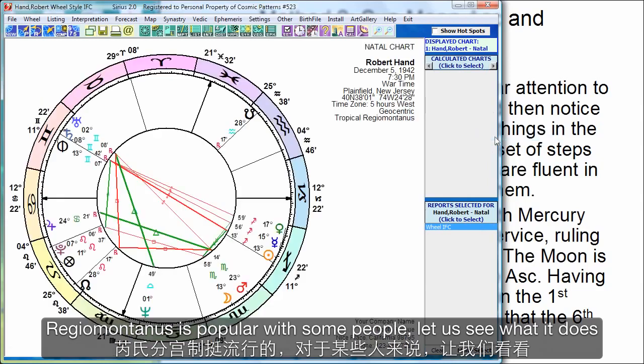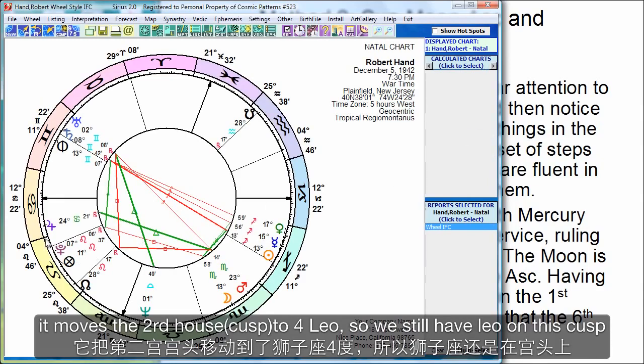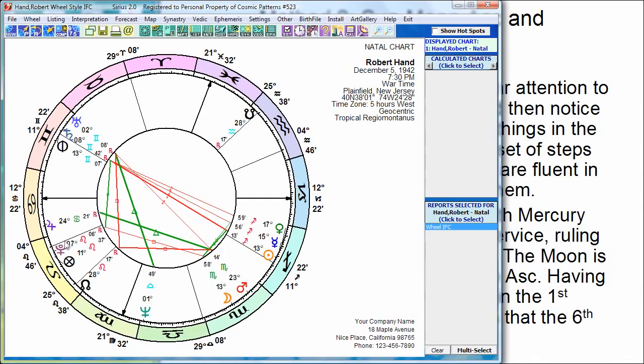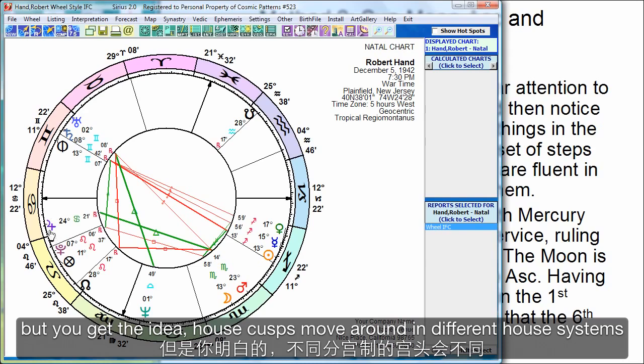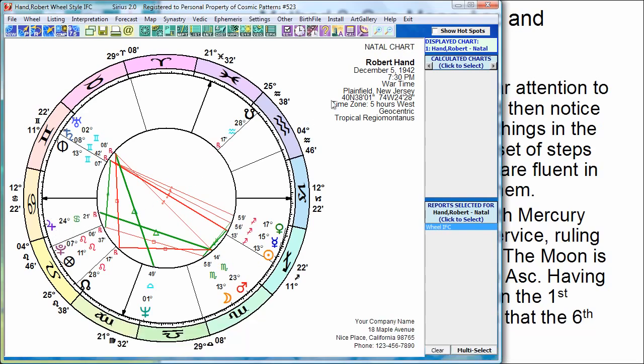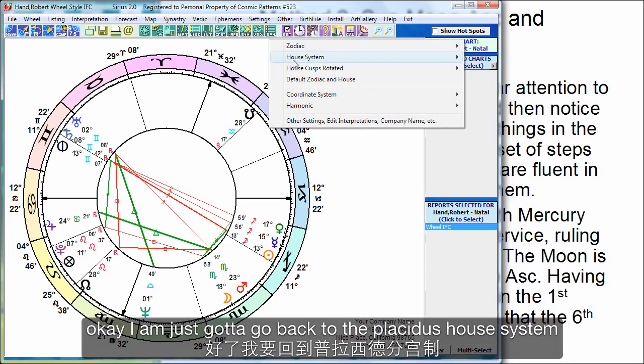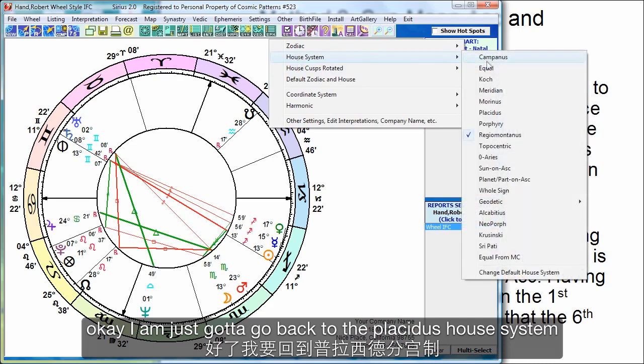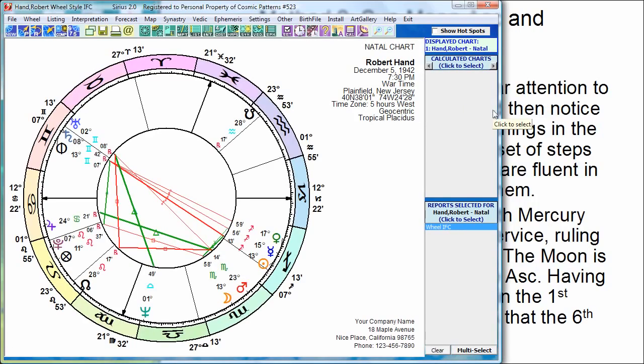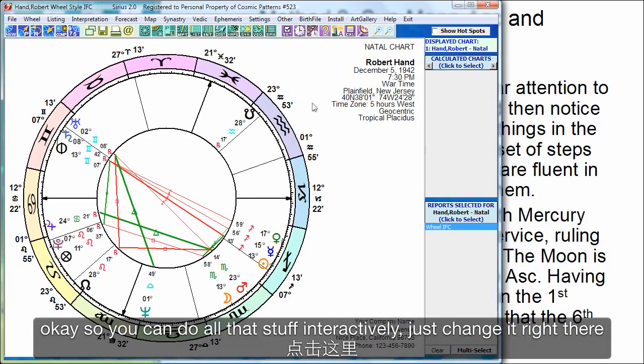Let's see what it does. It moves the second house to 4 Leo, so we still have Leo on this cusp. But you get the idea. They're going to move around with different house systems. Okay, I'm just going to go back to Placidus. So you can do all that interactively and just change it right there.